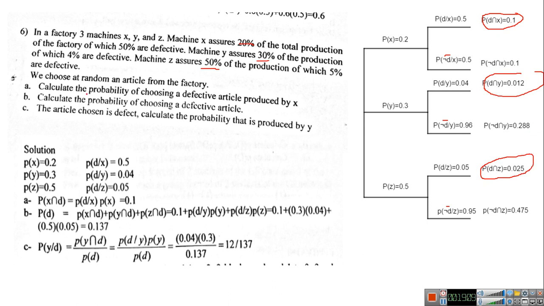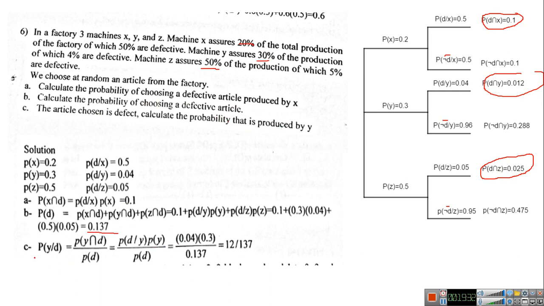So here defective produced by X, it's 0.1. Directly you can write it if you have the tree table, or you do it step by step if you don't want to do the tree table. Of choosing a defective, because X, Y, Z form a total probability, you add these 3. This is very simple now. Now they want just the opposite.